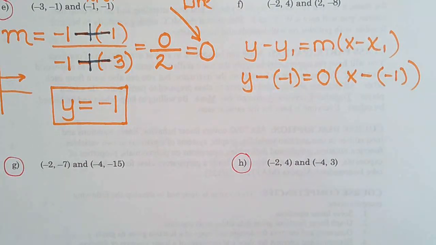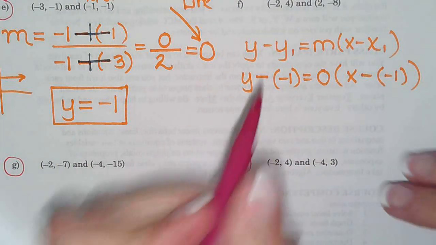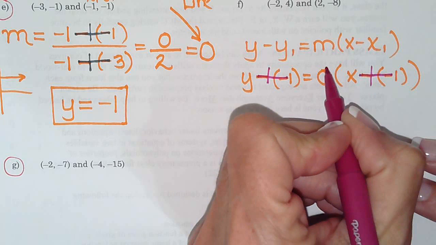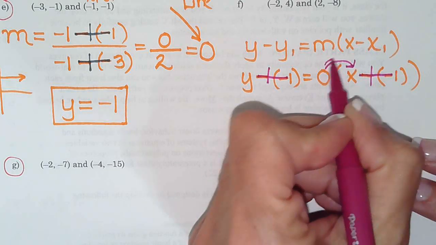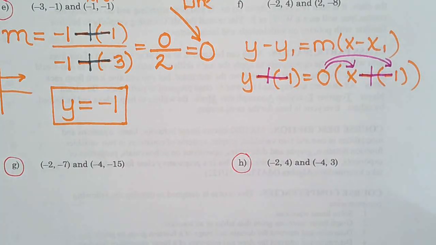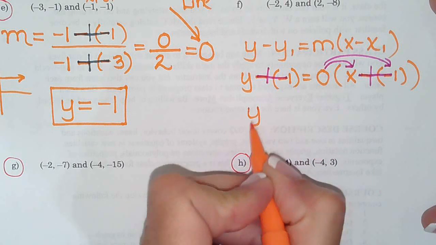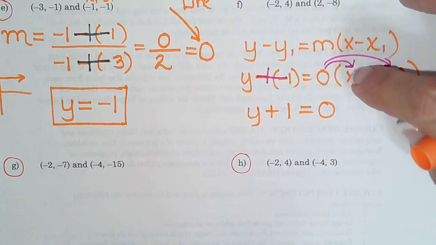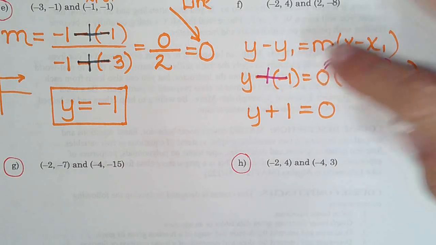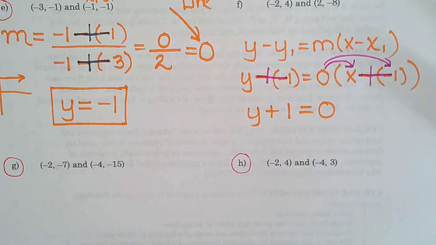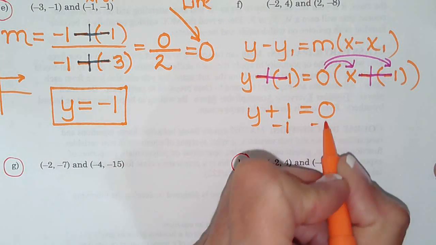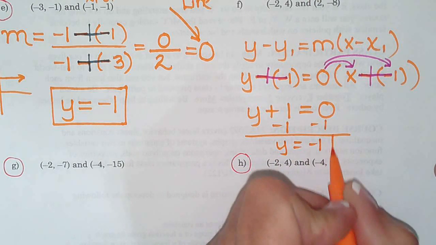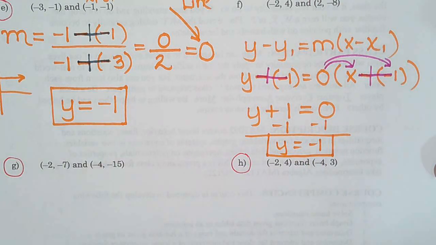And then you would change those double negatives both to a positive, distribute. So y plus 1 equals 0, right? Because 0 times x is 0, plus 0 times 1 is 0. And then we need to solve for y, and what do you know? Same answer as we got using the shortcut.